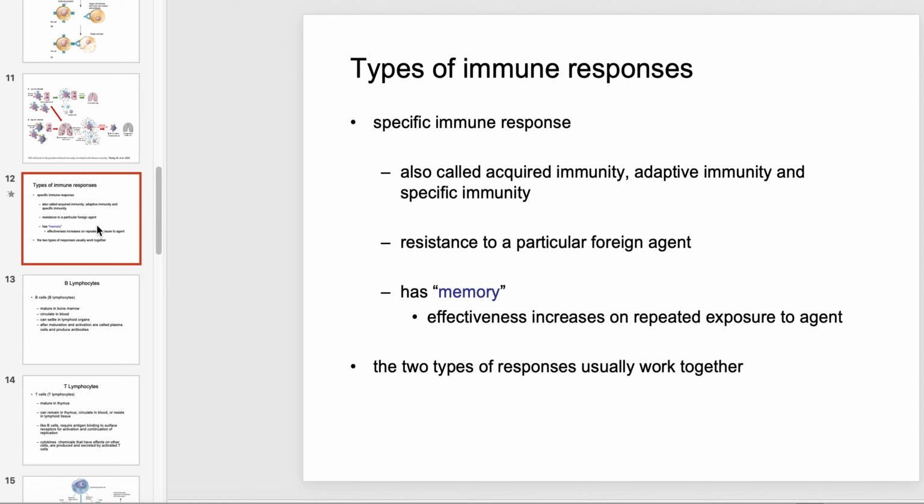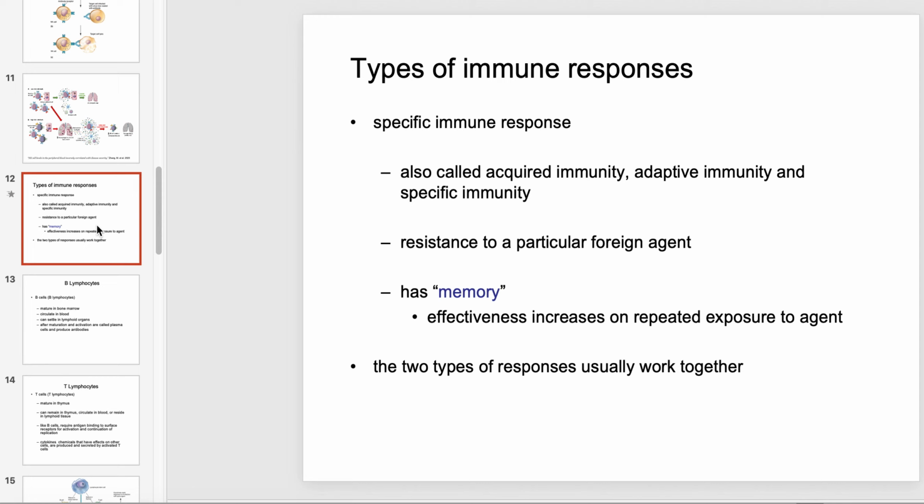So, types of immune responses: in addition to the non-specific or innate defenses, there's also specific immunity. It's also called acquired immunity because you're acquiring it specifically to fight particular pathogens, or adaptive immunity is also used, and again, specific immunity. It gives you resistance to a particular foreign agent, and the key component here is that it has immunological memory, meaning that the effectiveness of the attack increases upon repeated exposure to a particular agent.